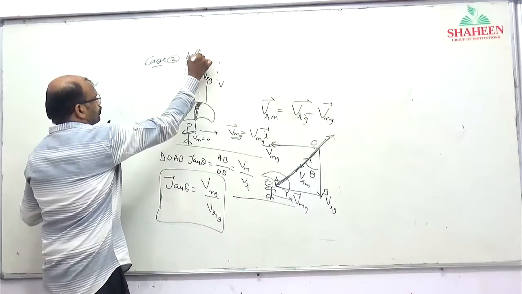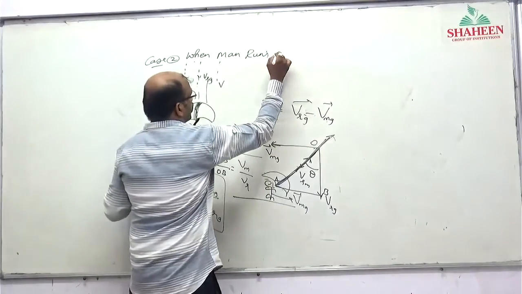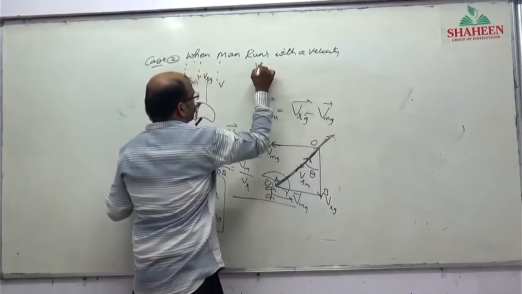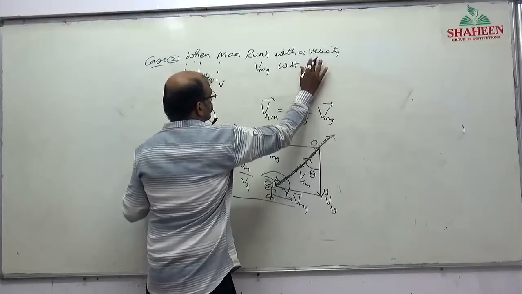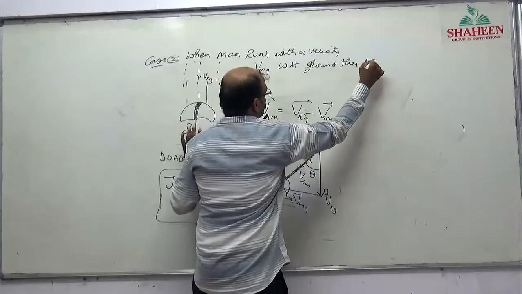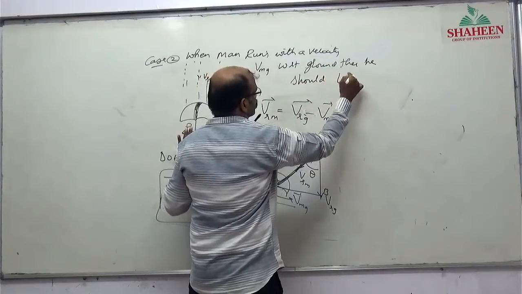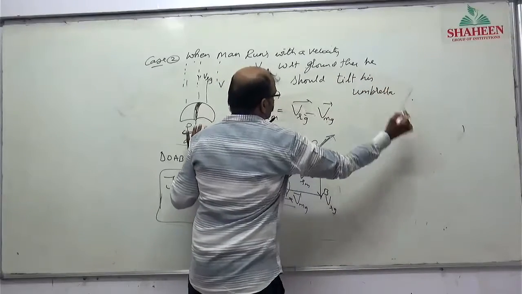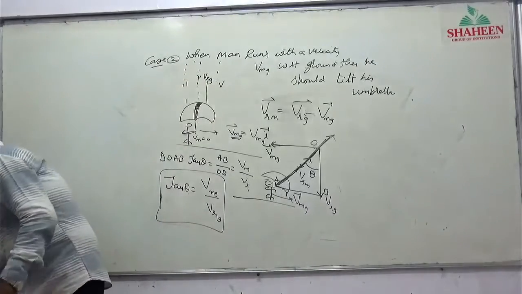Write down: when man runs with a velocity Vmg with respect to ground, then he should tilt his umbrella as shown in the figure. Please draw the diagram. First write down this case 1. Case 2. Is it clear to all of you?